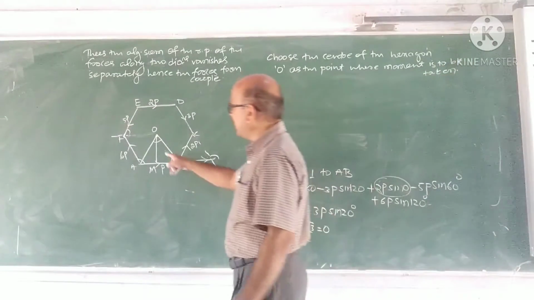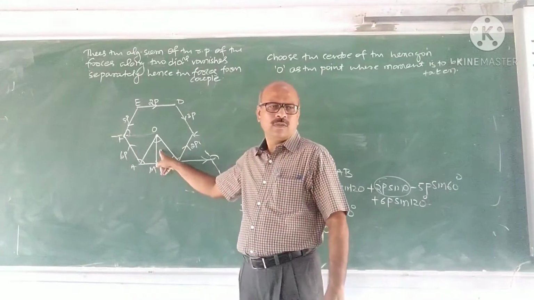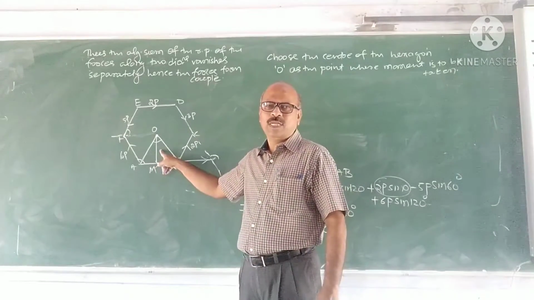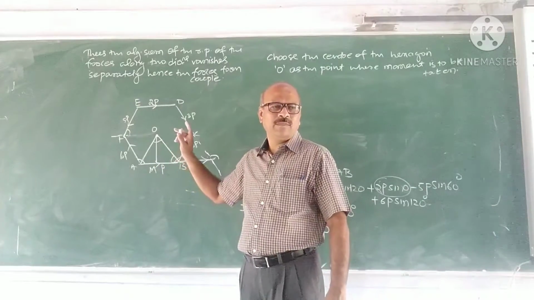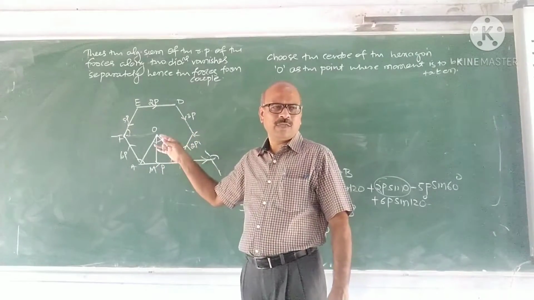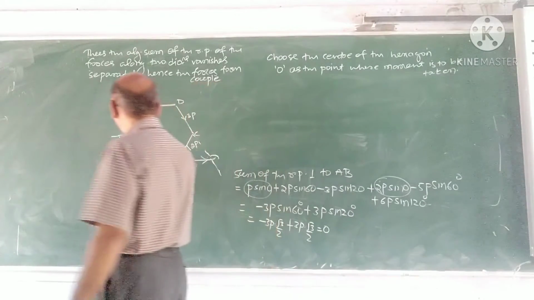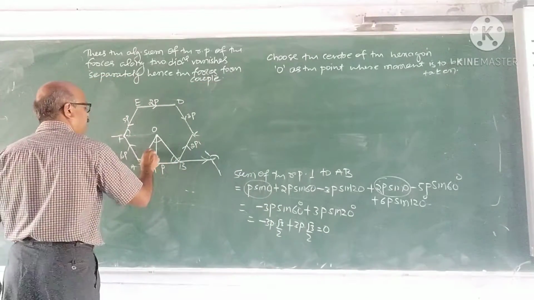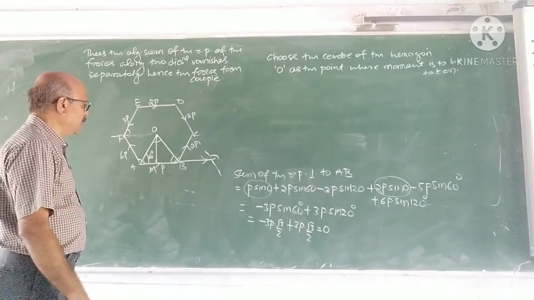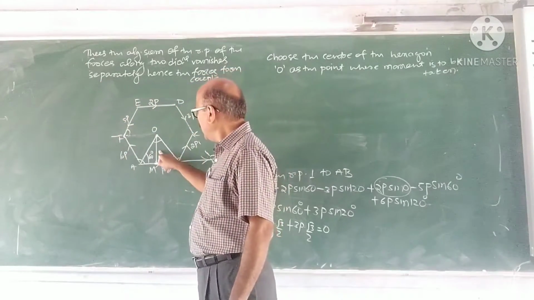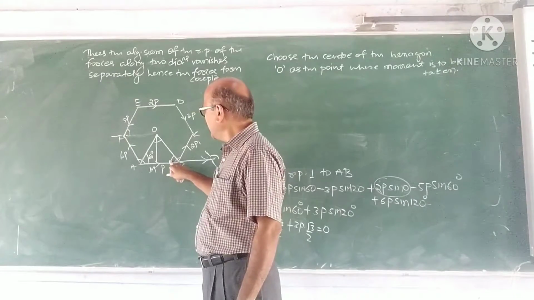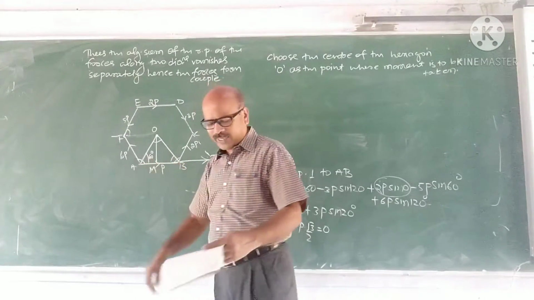In an equilateral triangle, what is the altitude? Remember that: root 3 by 2 into the side of the triangle. Or we can derive it. See, this is 60 degree, and this is 60 degree.